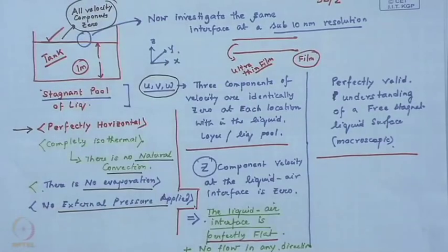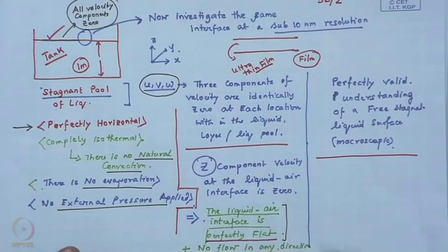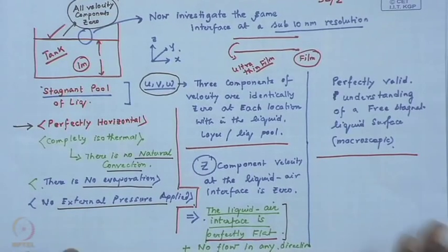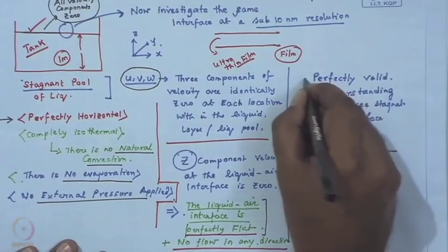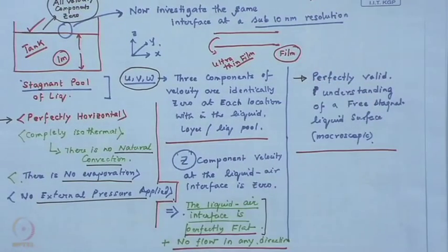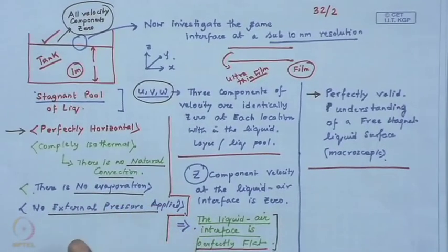Therefore, this interface is perfectly flat and there is no flow in any direction, which is a perfectly valid picture of a free stagnant liquid surface, or a perfectly valid macroscopic view.